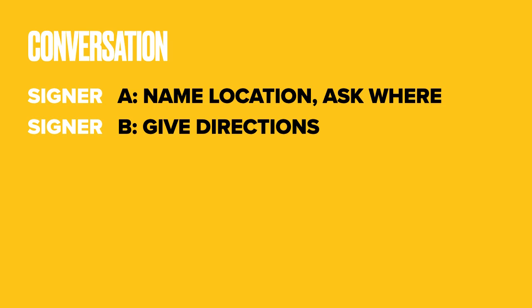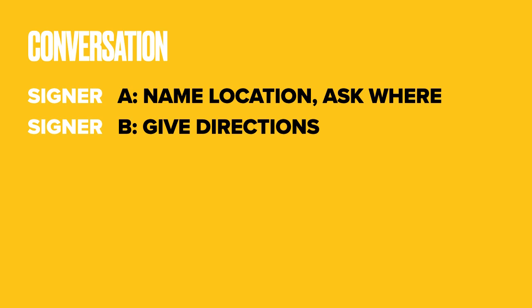Now let's say the place that they want to get to is in a completely different building. So we need to know the sign for building. And this is a new sign, so I will add on the attachments for this assignment a video so you can see what that sign is.